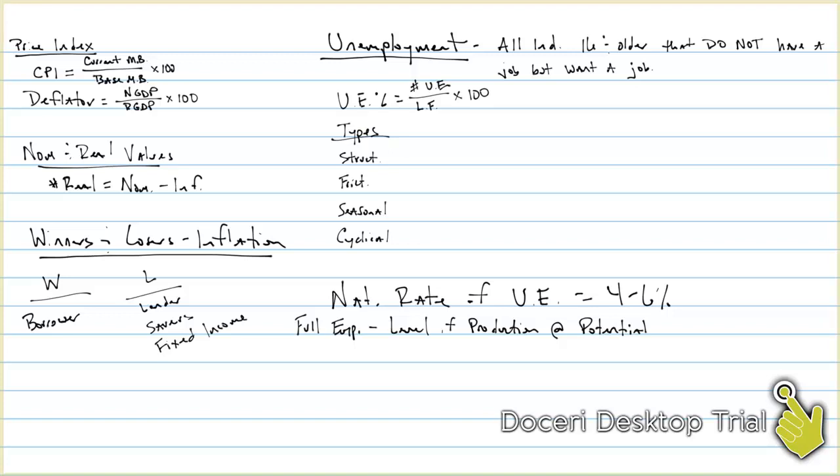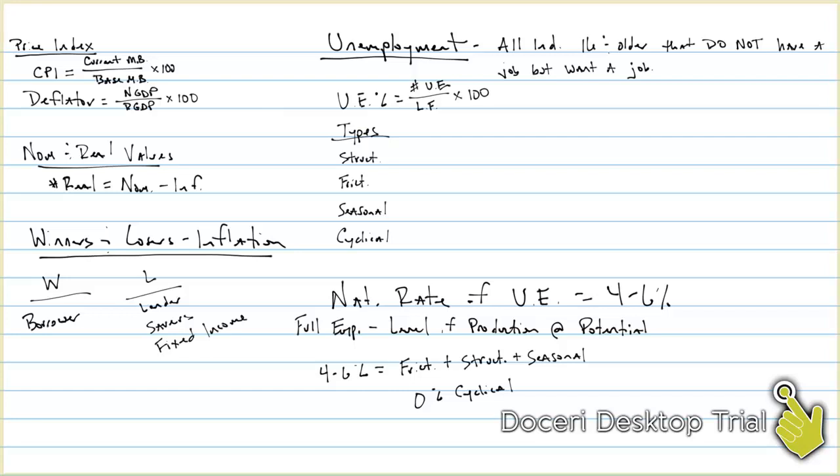Anyway, one thing to add to this: 4 to 6% equals frictional plus structural plus seasonal, which means that when we're at that 4 to 6% range, we have 0% cyclical unemployment.